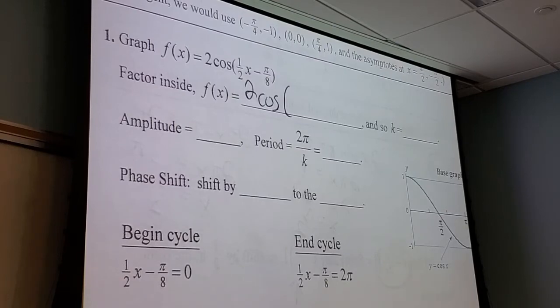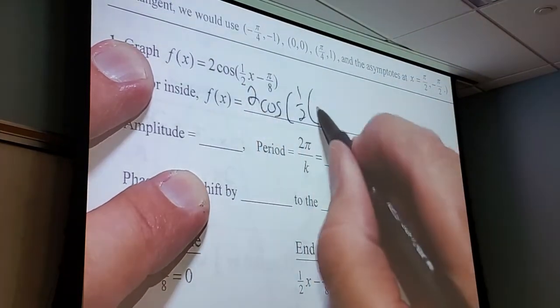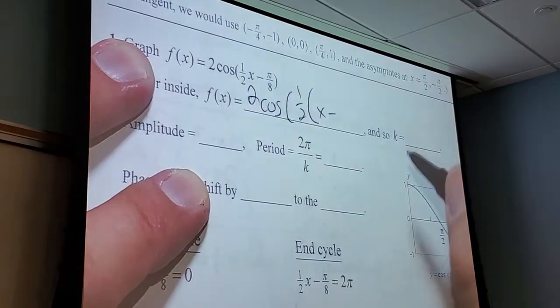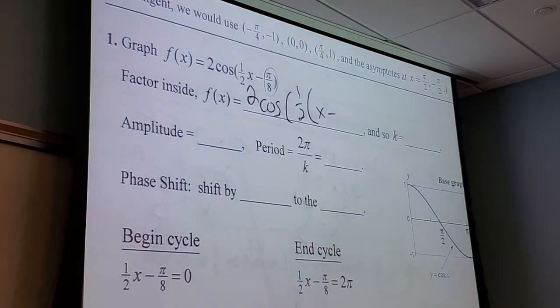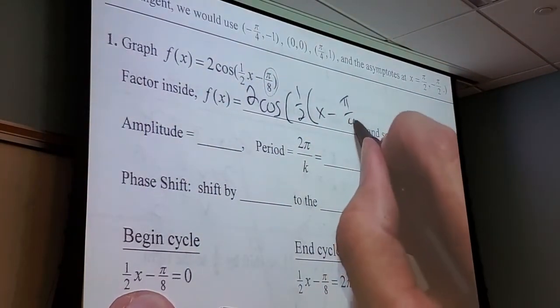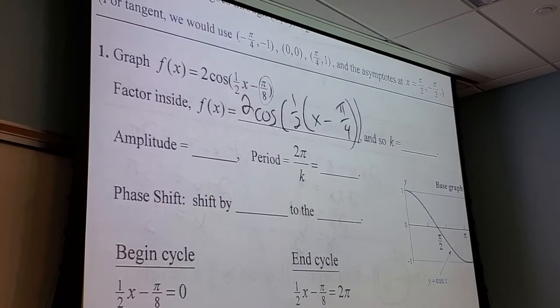So if I take a 1/2 out, I'm left with x minus what? So what is K? What's in the right place to be K? 1/2. That's the multiplier. That's going to affect how much I stretch or compress. So K is 1/2.